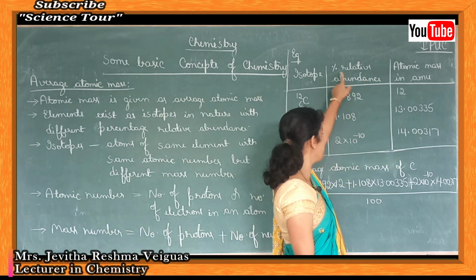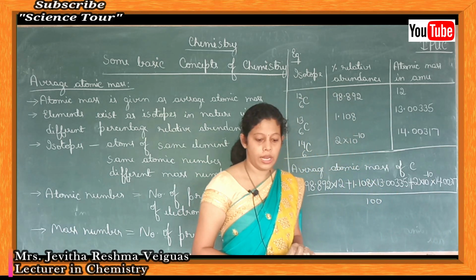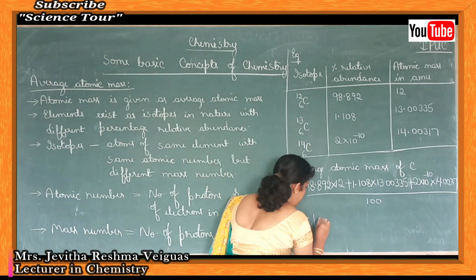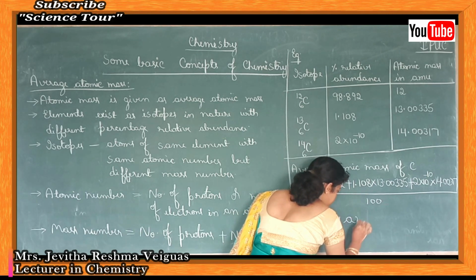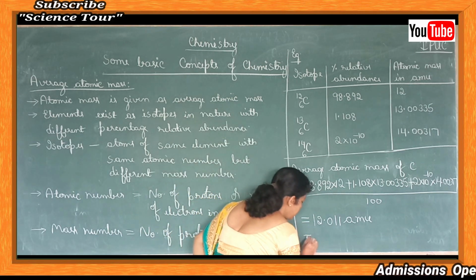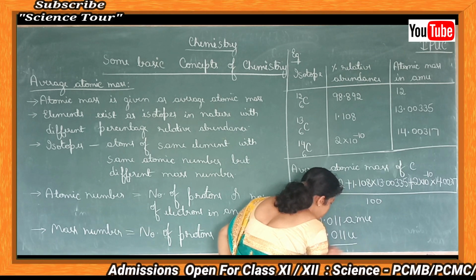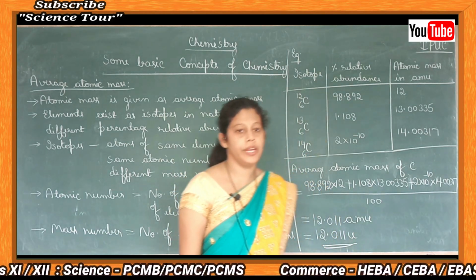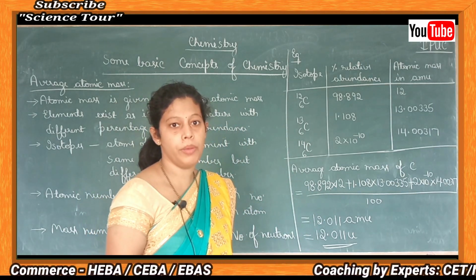Divided by 100 because the abundance is given in percentage. To do the calculation, you can make use of a calculator. Finally, the answer you get is 12.011 AMU. This is the average atomic mass of carbon, which I can write this way also, 12.011 U, because AMU is now replaced by U, that is unified mass. So this is how you calculate average atomic mass.